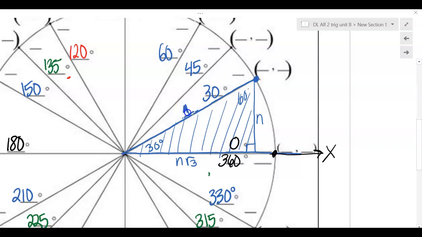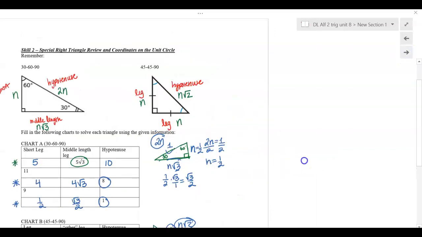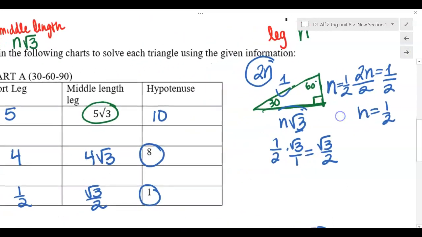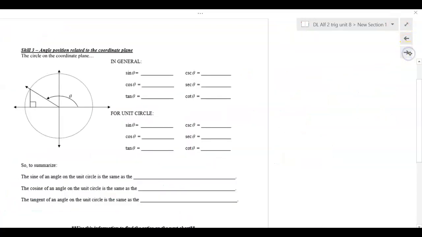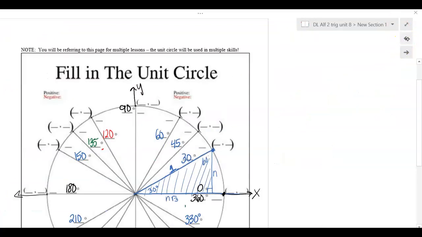Okay? So I'm going to have you look back at the page that we just filled in. We did this right here when there was a 30, 60, 90 triangle and the hypotenuse was equal to 1. You knew that the short leg was 1/2 and the middle length leg was rad 3 over 2. So, sorry, wrong direction.